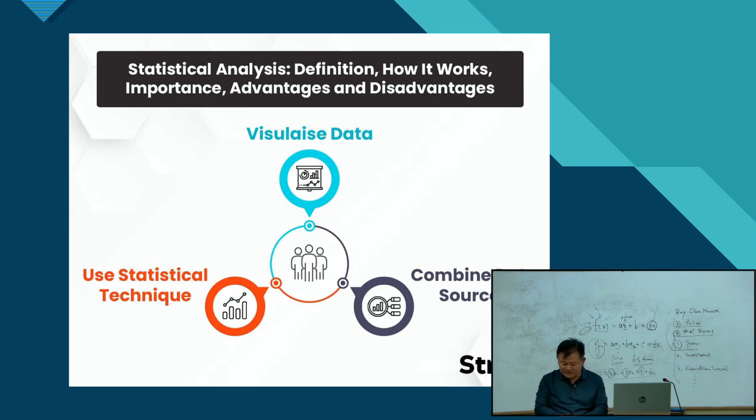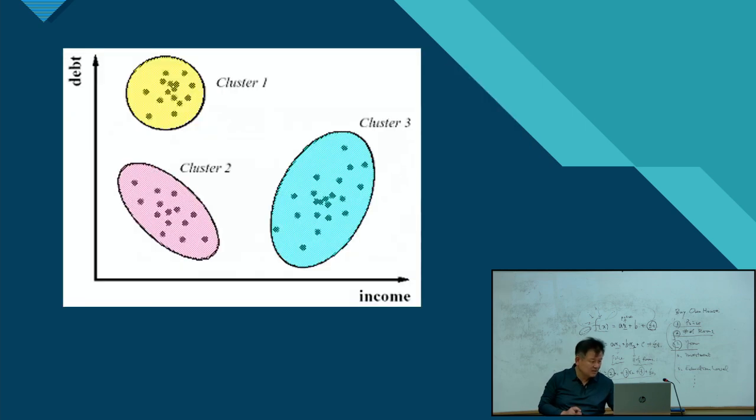The next analysis method is cluster analysis, assigning entities to groups based on shared characteristics. Cluster analysis is a statistical method that groups data into clusters based on how similar the items are.